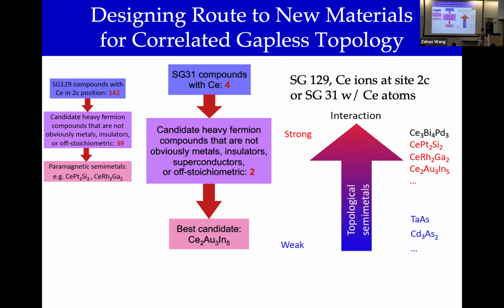So the database spits out a certain number of systems. It's an interacting system, so we have to use some screening process to focus on candidate materials that are semi-metals, not good insulators, not good metals, not good superconductors. Yeah, there's a question.